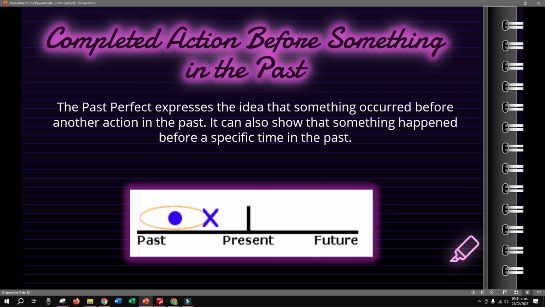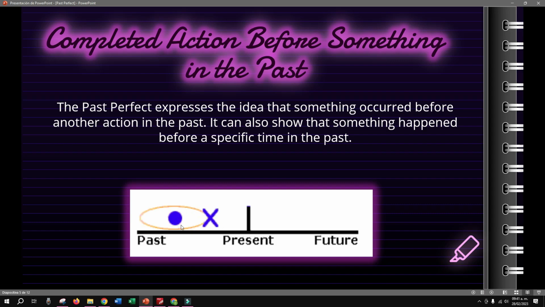So there you have this. Here we have the past, that is something that happened before, right? And then still in the past, but you have the other action there, right? But something happened first and then the other action.